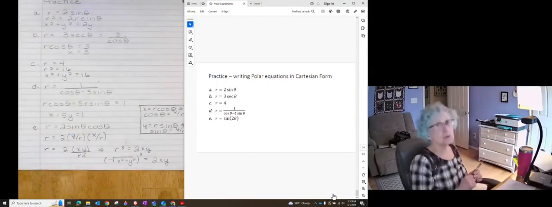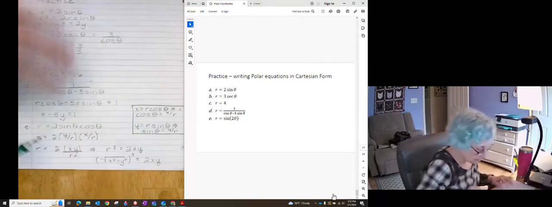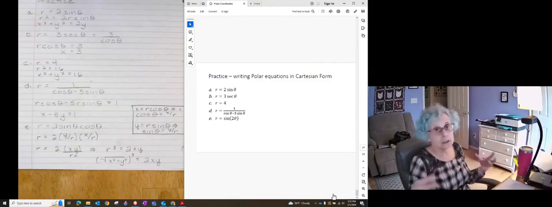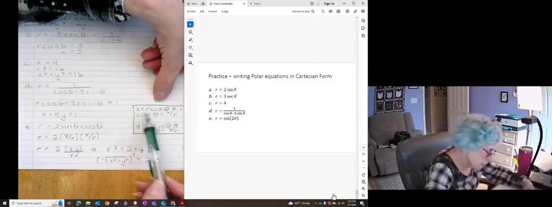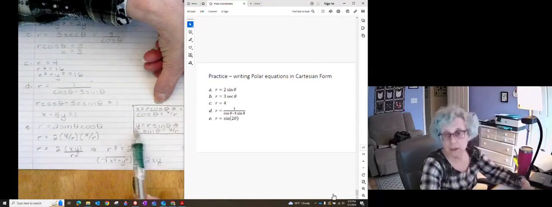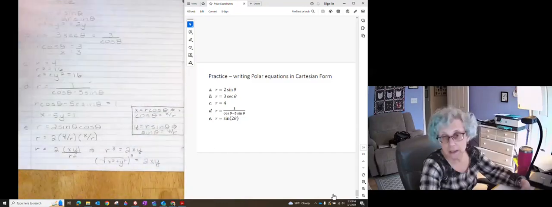The next one was quite tricky. First, you had to use the double angle identity because you can't do anything with r's and 2 thetas. It's got to be r's and thetas. Then I had to take these relationships that I've been using and rearrange them. Cosine is x over r and sine is y over r.